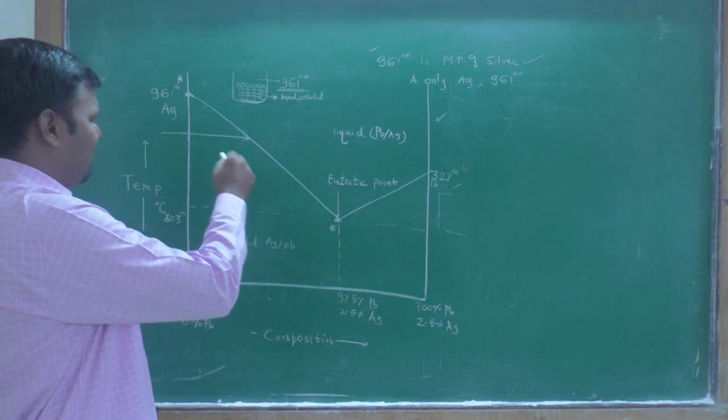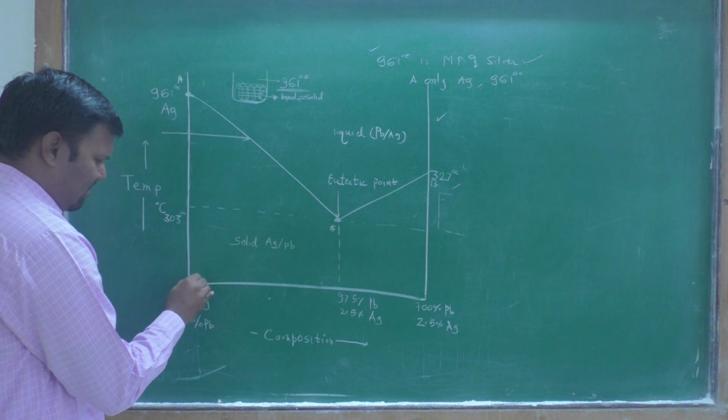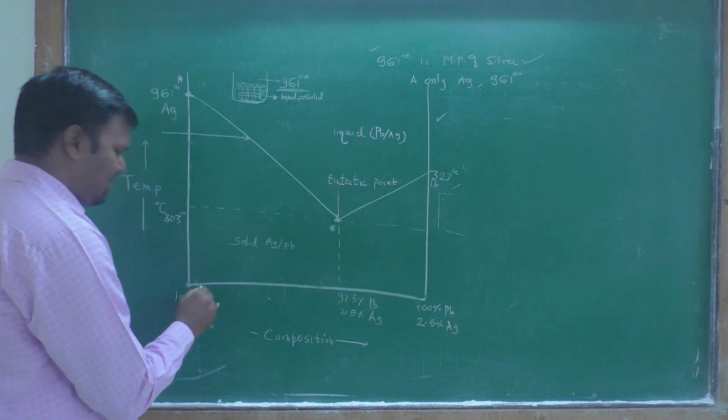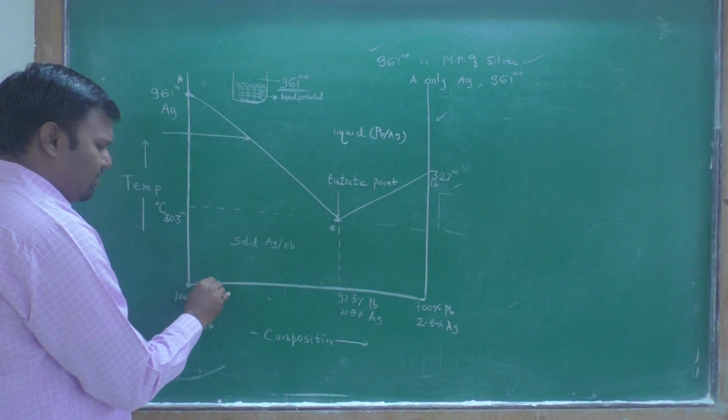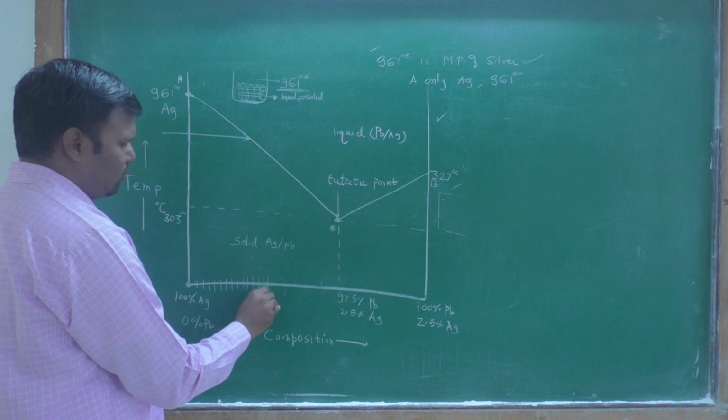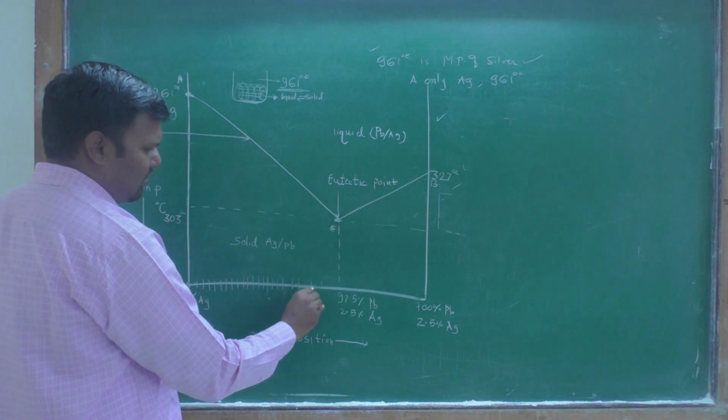Okay, as the coordinate proceeds forward, we are adding the Pb to this mixture, to this silver.